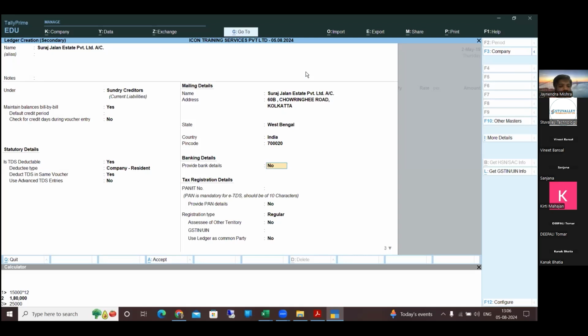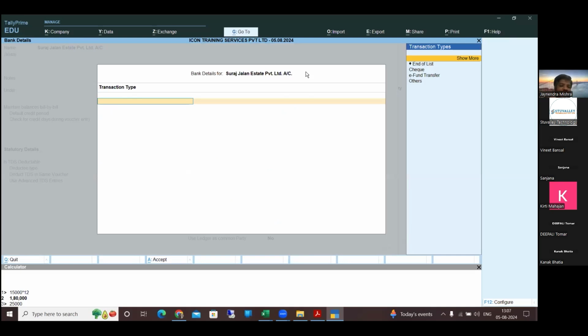Friends, we have to pay rent to Suraj Jalan. So for making payment to Suraj Jalan, we need bank detail. Normally, in business, payments are done using internet banking, which is called e-fund transfer.